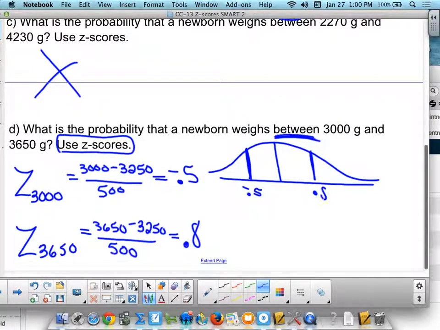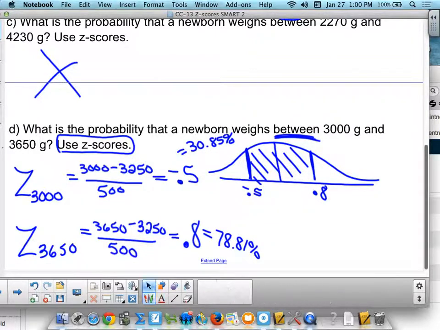What's the chance you get a baby between there and there? Wouldn't it be nice if you knew the percentages? What does a 0.8 convert to? Use your table. 7881. Okay. What does a negative 0.5 convert to? 3085. Okay.